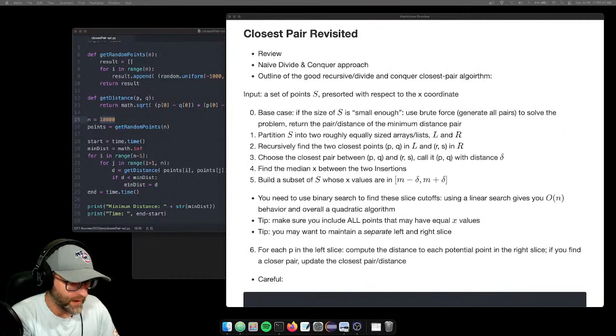There may be order n points in the right slice, even if so. I'll just leave it like that.